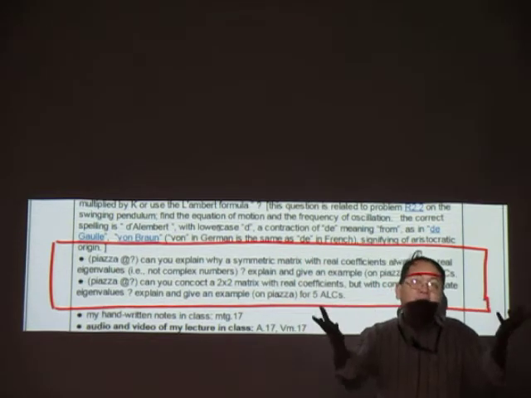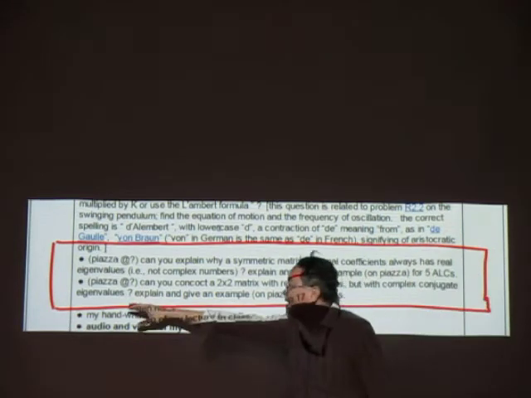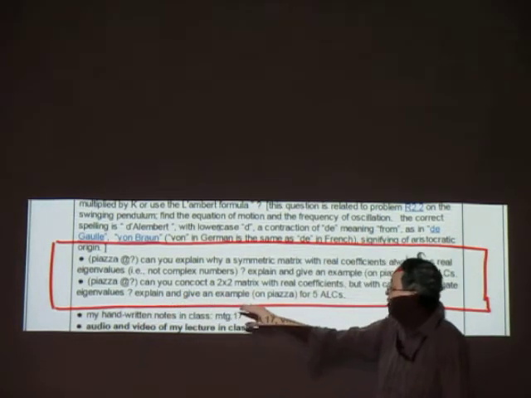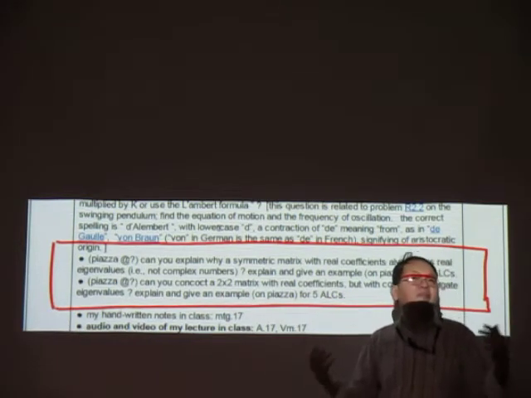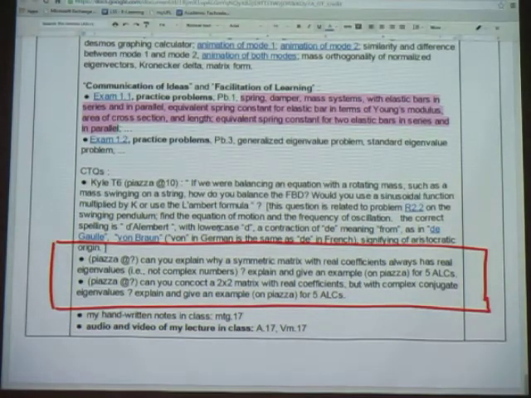Display a matrix with real coefficients, but with complex eigenvalues. Can you explain and give an example on Piazza? Right now I'm thinking about 5 active learning credits, but I'm flexible. If the answer is excellent, I could even increase the active learning credits. So this is a challenge to the class, and I really hope to have excellent contributions. And with that, I would like to move on.